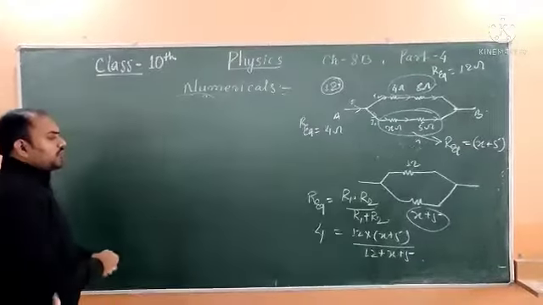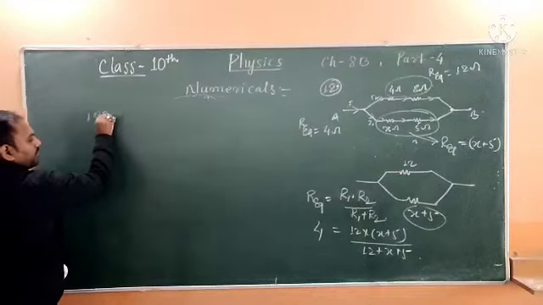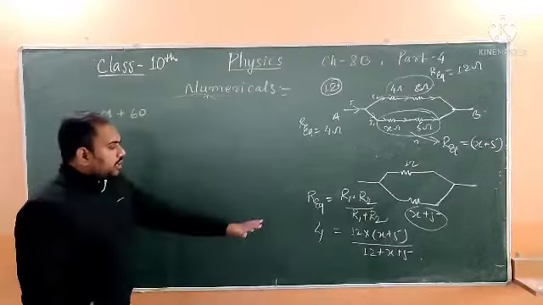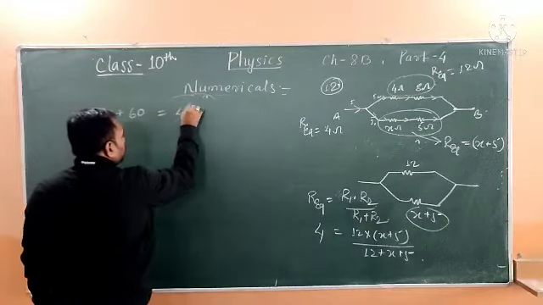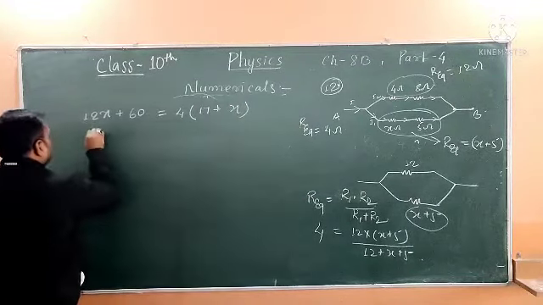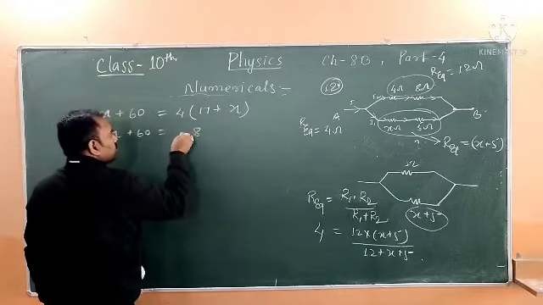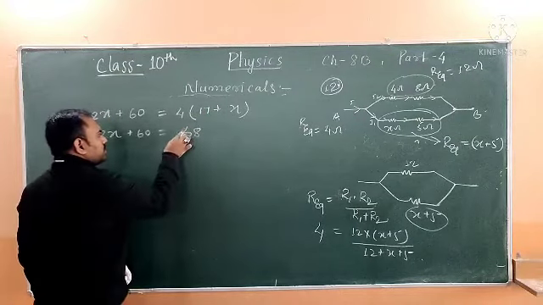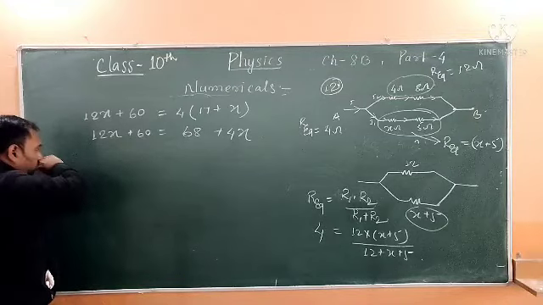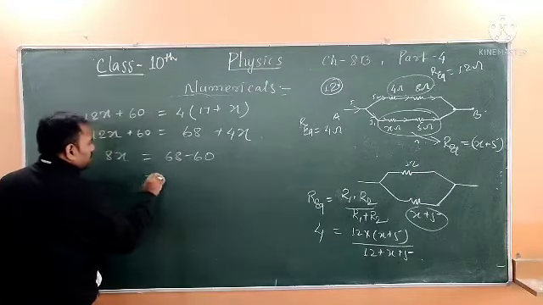How will we solve it? By cross multiplication it will become 12X plus 12 times 5, that is 60, is equal to 4 into 12 plus X plus 5, that is 68 plus 4X. 4X will move to this side, so 8X is equal to 68 minus 60, that is 8.